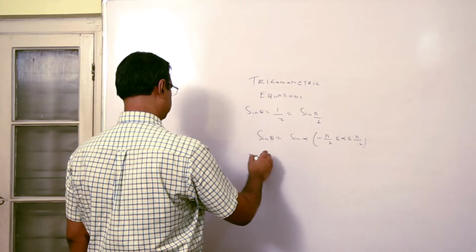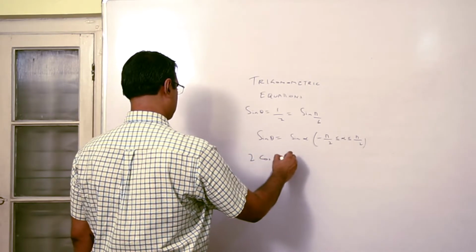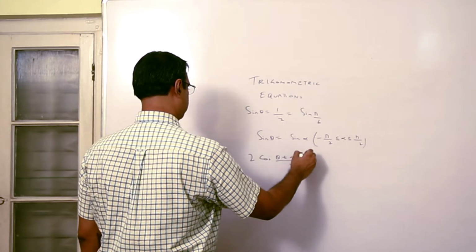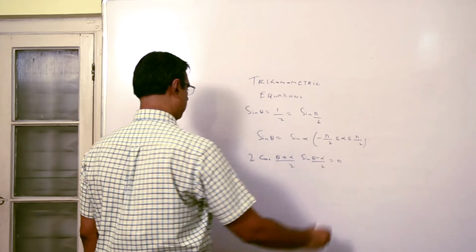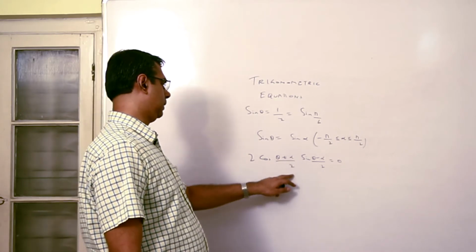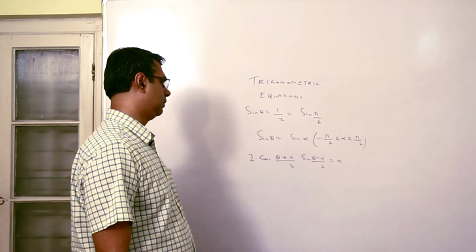Now if you bring sine alpha to the left, you will get 2 cos of (theta plus alpha) by 2, sine of (theta minus alpha) by 2 is 0.